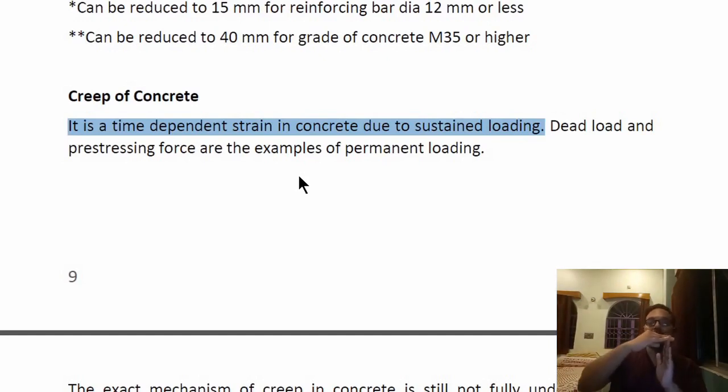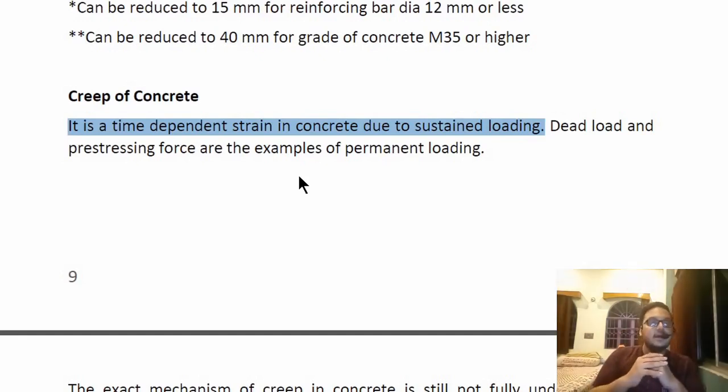Initially it will develop a certain amount of strain because of that loading, and also with the passage of time there will be a certain increase in that strain, and this time dependent strain is known as the creep of that particular concrete.